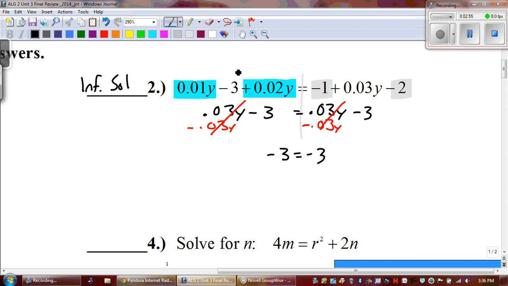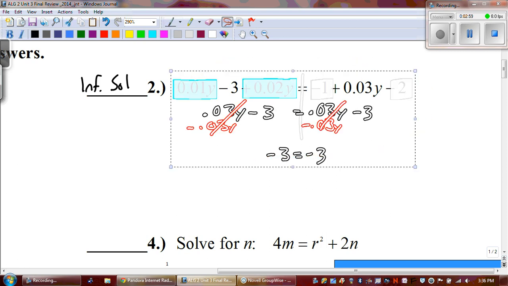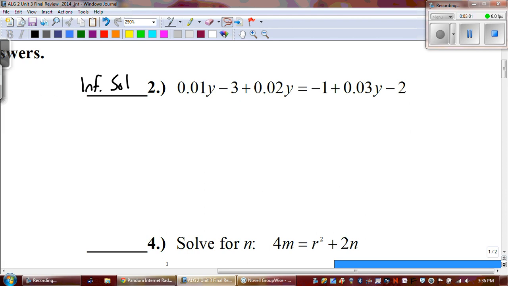Now, if you were scared and you wanted to multiply everything right away, you could have done that too, okay? So I'm going to do this problem one more time for those of you who are like, what did he do? I don't understand.